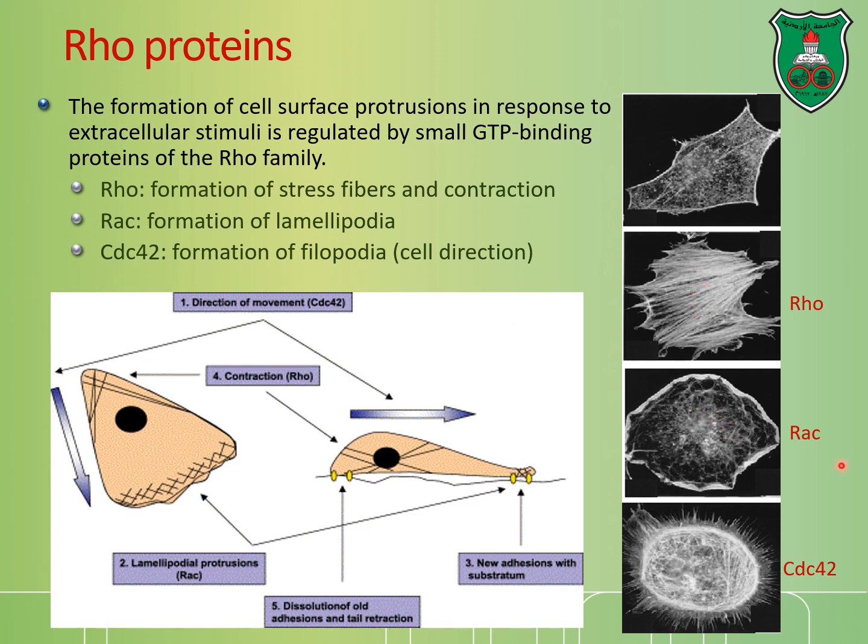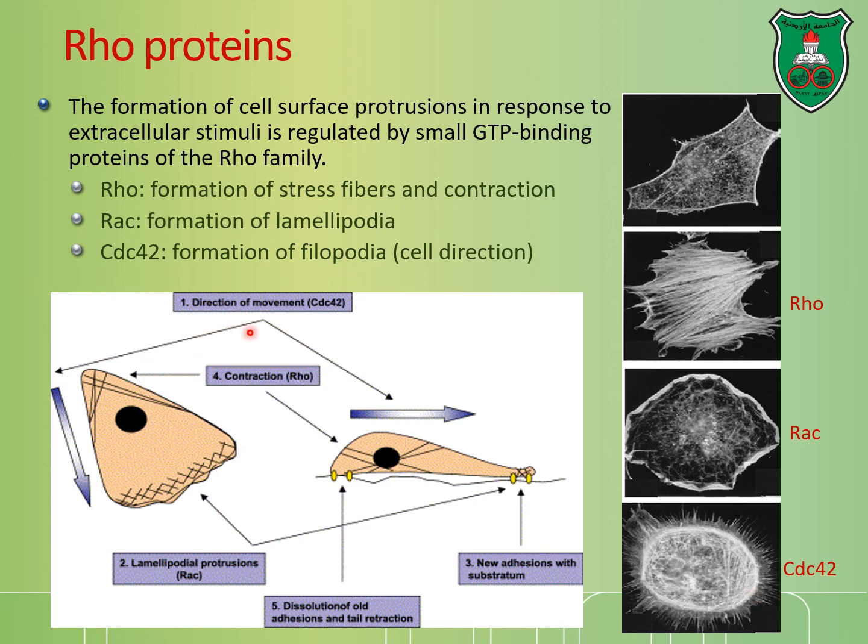When you have induction of Rac protein, you have the formation of the lamellipodia, the extensions inside the cells. And when you have activation and overexpression of the protein CDC42, you have the formation of filopodia. So CDC42 is responsible for the formation of filopodia.